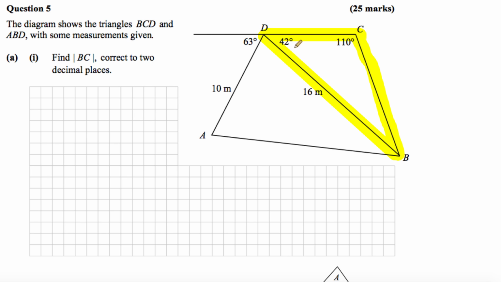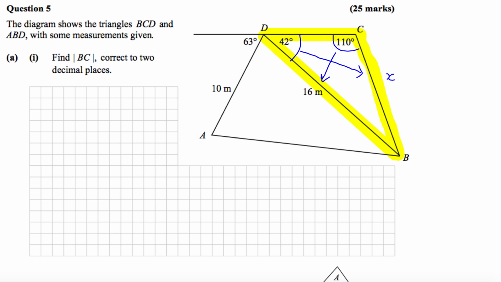If we're looking at this triangle, we have an angle here, and we have the side opposite that, and then we have this angle, and we're looking for the side opposite that angle. So it's a non-right angle triangle, and we have 3 out of these 4 things, and we're looking for this one here. We'll call that X.